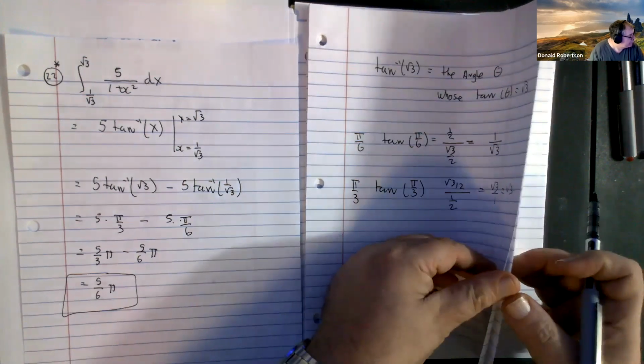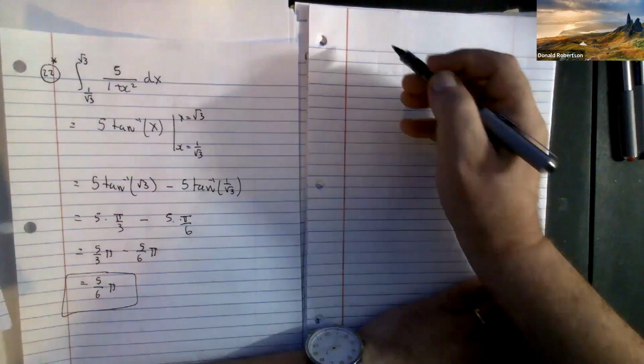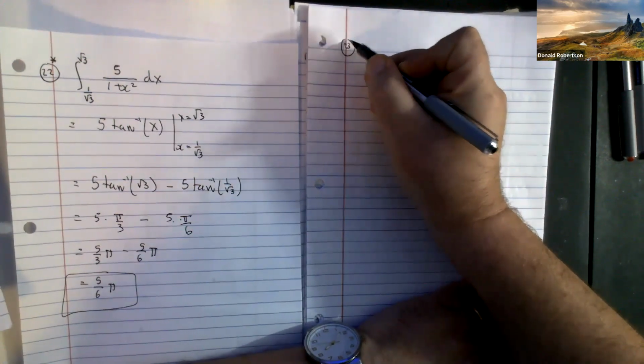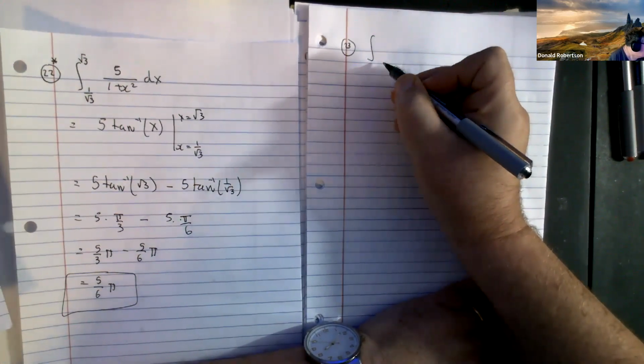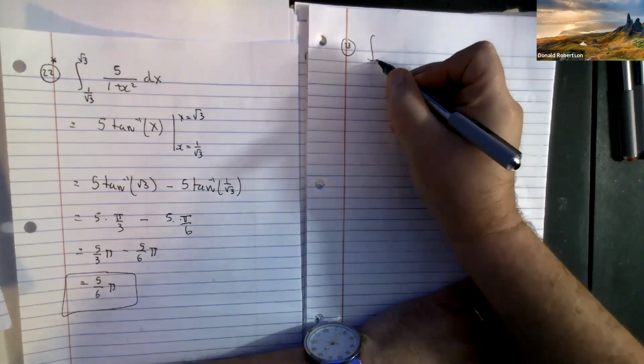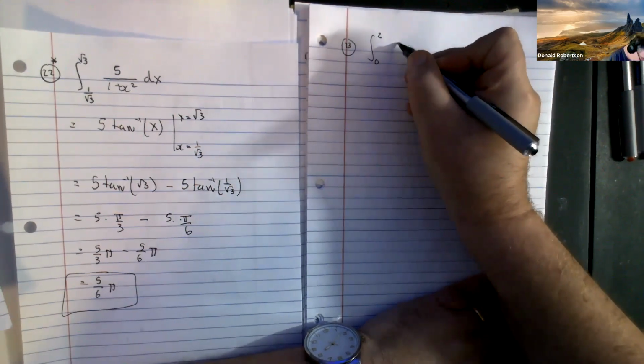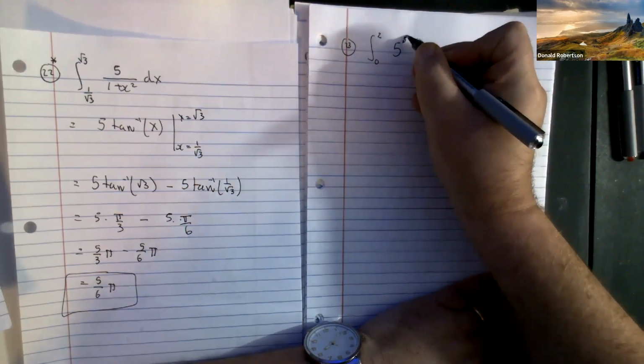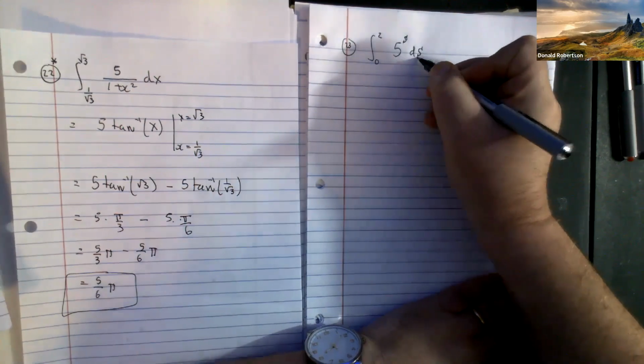If you move on to question 23, do that one right now, or at least a version of 23, because we all get different numbers. We're going to do the integral from 0 to 2 of 5 to the power of s ds.